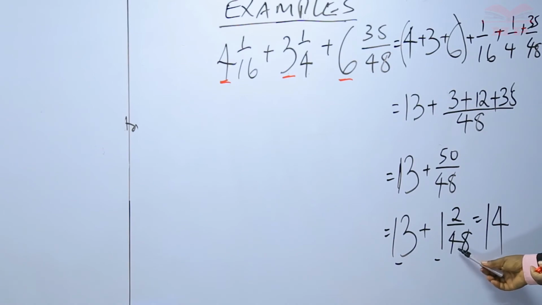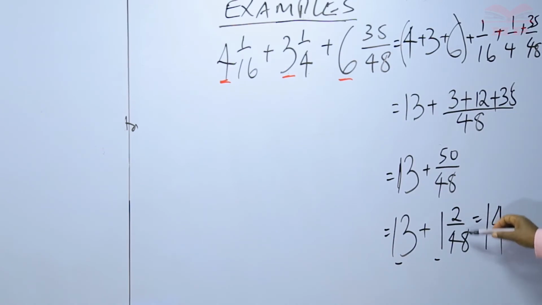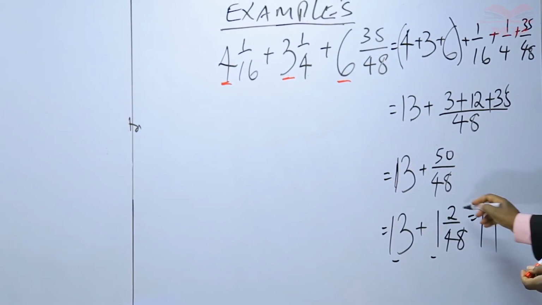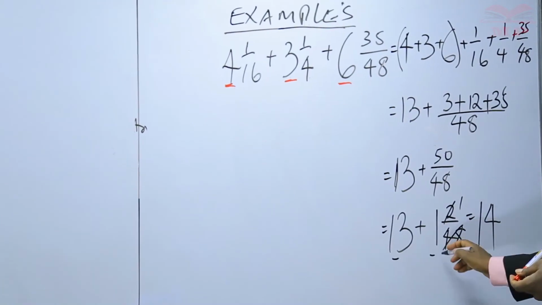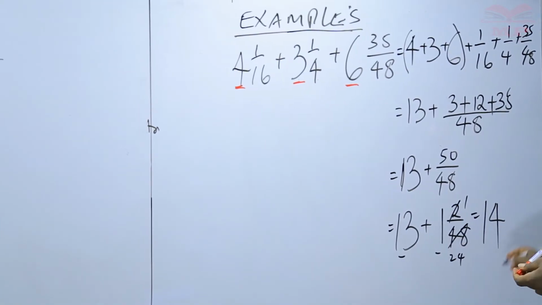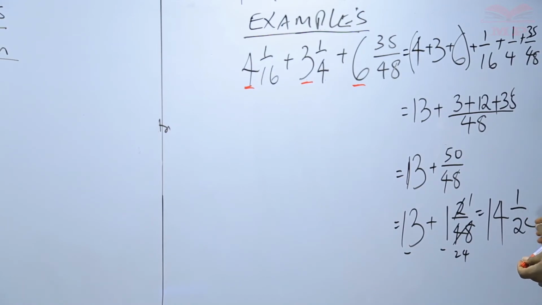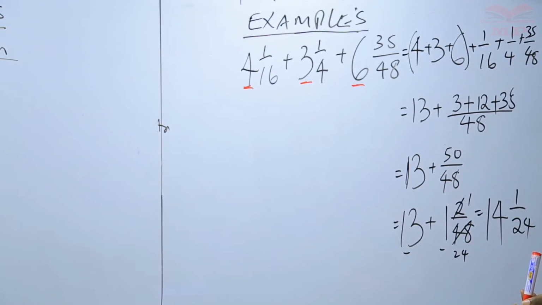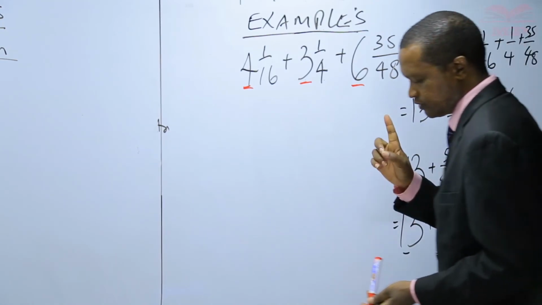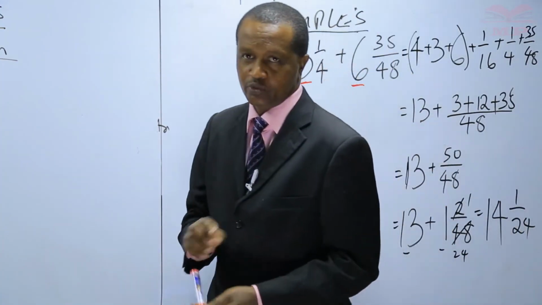Then we simplify this fraction. 2/48: 2 goes into 2 once, 2 goes into 48 24 times. So the answer is 14 1/24. So this is how to carry out the operation of addition on fractions.